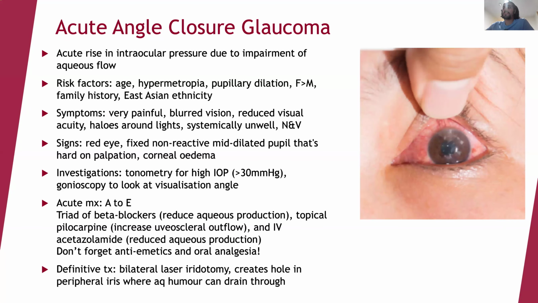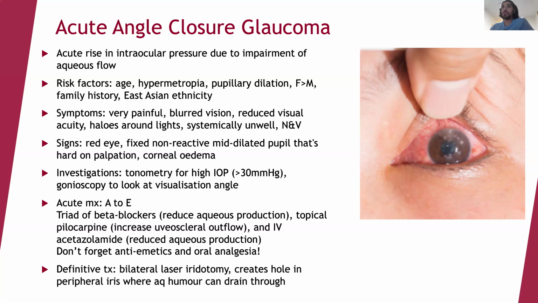Okay, and again, another big one is acute angle closure glaucoma. So what happens is essentially you get buildup of fluid in your eye called the aqueous humor, which is produced by the ciliary body. I don't have a picture of the eye, which would have been useful actually, but you can look up a picture of the eye. So you have the ciliary body, which produces the aqueous humor.